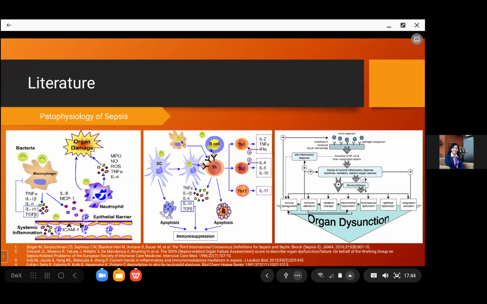Whereas anti-inflammatory cytokines such as interleukin-10 and TGF-beta counterbalance the excessive immune response.